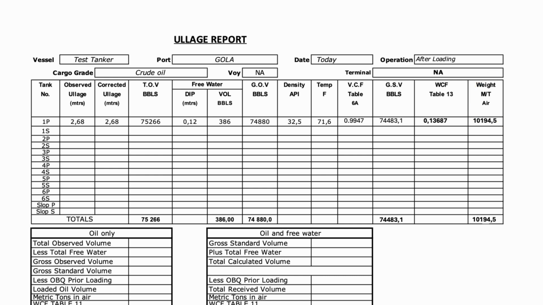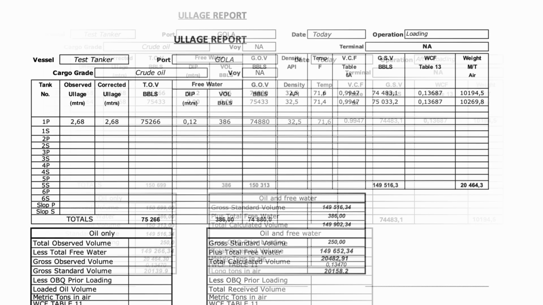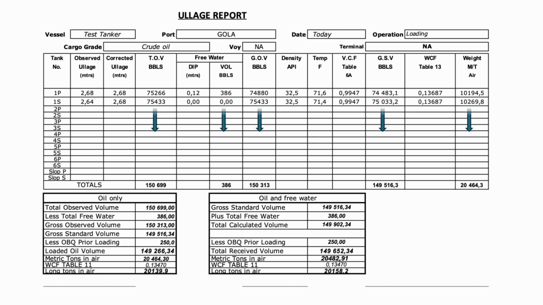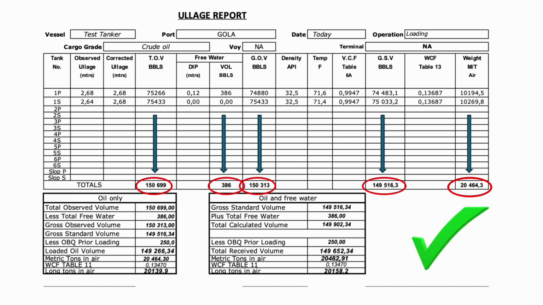Now, repeat all steps for each cargo tank and find totals. Congratulations! You calculated total weight of cargo in metric tons and its volume at standard temperature.